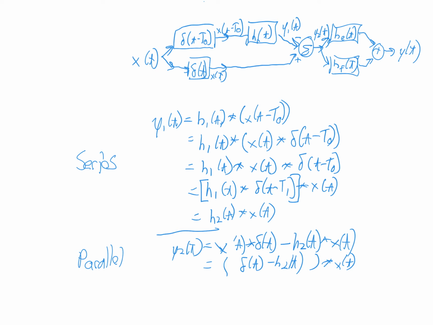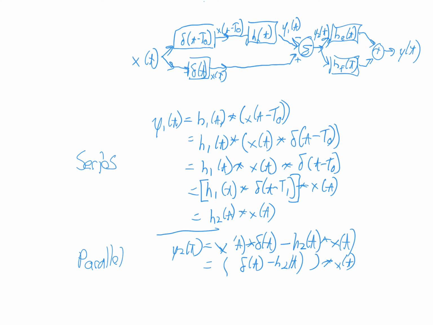So even though I've specified this as 5 separate systems, we can combine them using these properties into a single impulse response. Why might this be useful? It might be more efficient to implement a circuit with a single impulse response than these 5 pieces separately. They're equivalent, so you have a choice at the very least of what method you're going to use.